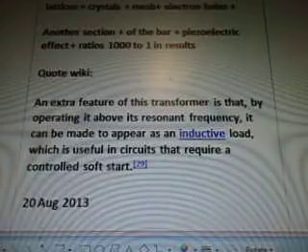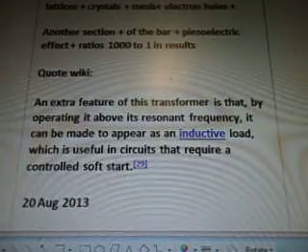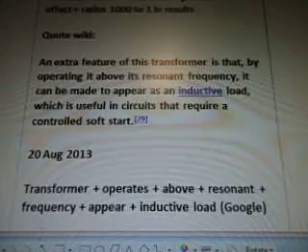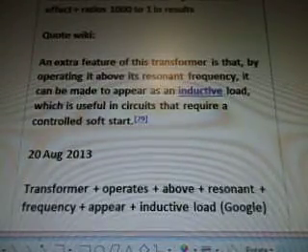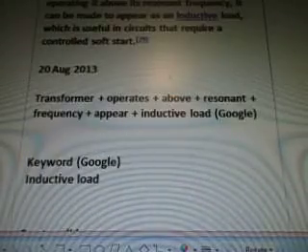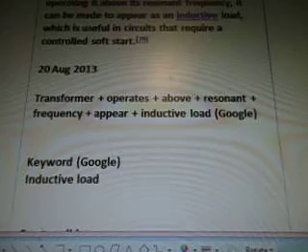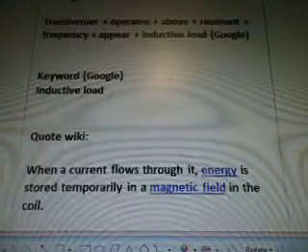Quote, Wiki, an extra feature of this transformer is that by operating it above its resonant frequency, it can be made to appear as an inductive load, which is useful in circuits that require a controlled soft start. August 20th. So we're going to do the transformer operates above resonant frequency, appear inductive load. Google that. See what it is.